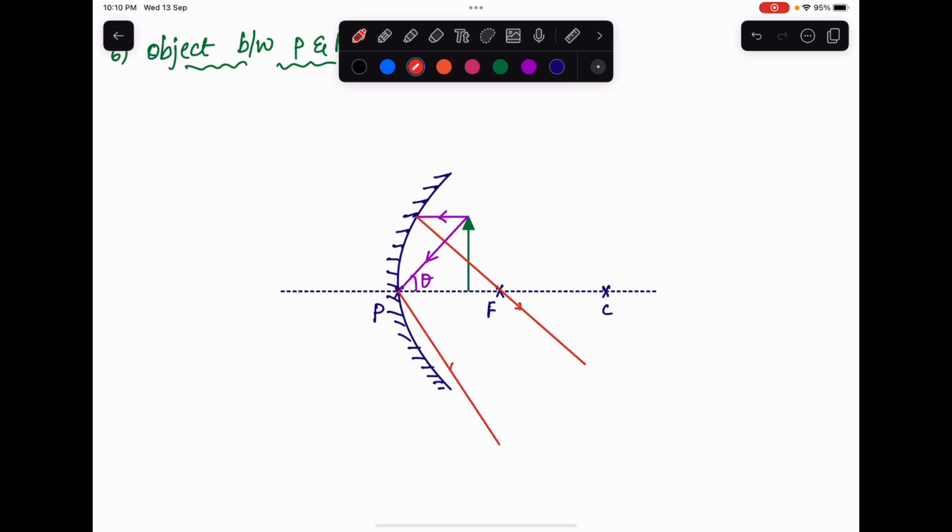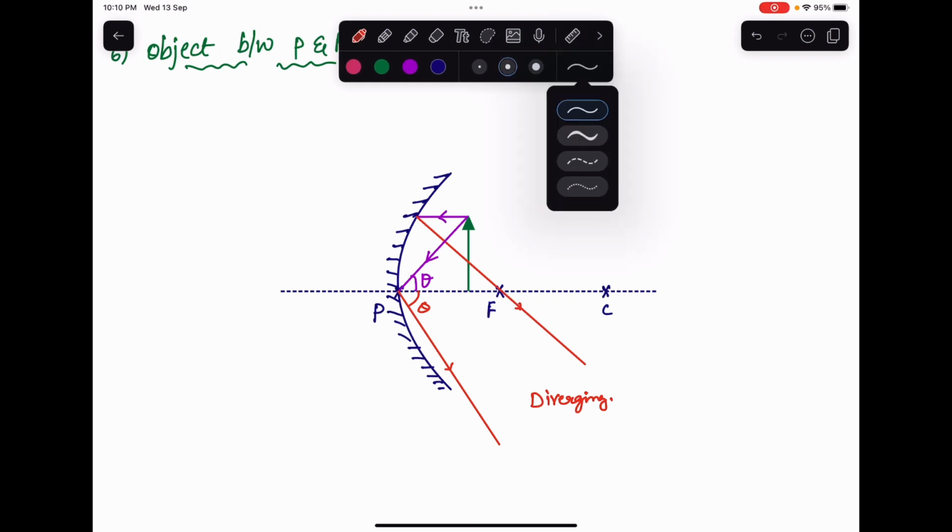Now you can see here the two reflected rays are diverging. If they are diverging, obviously they might have started somewhere behind the mirror. So let us take that extension now.